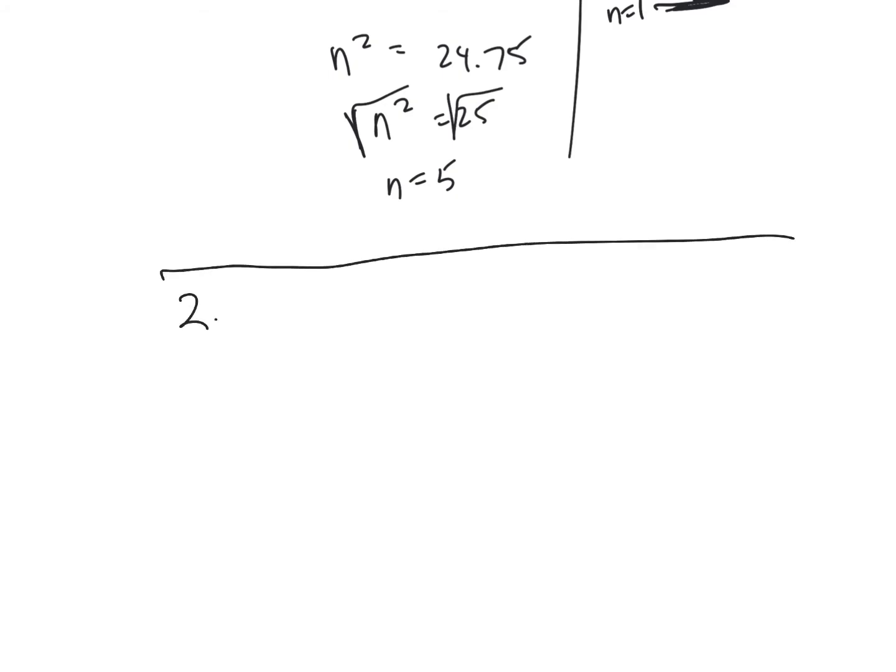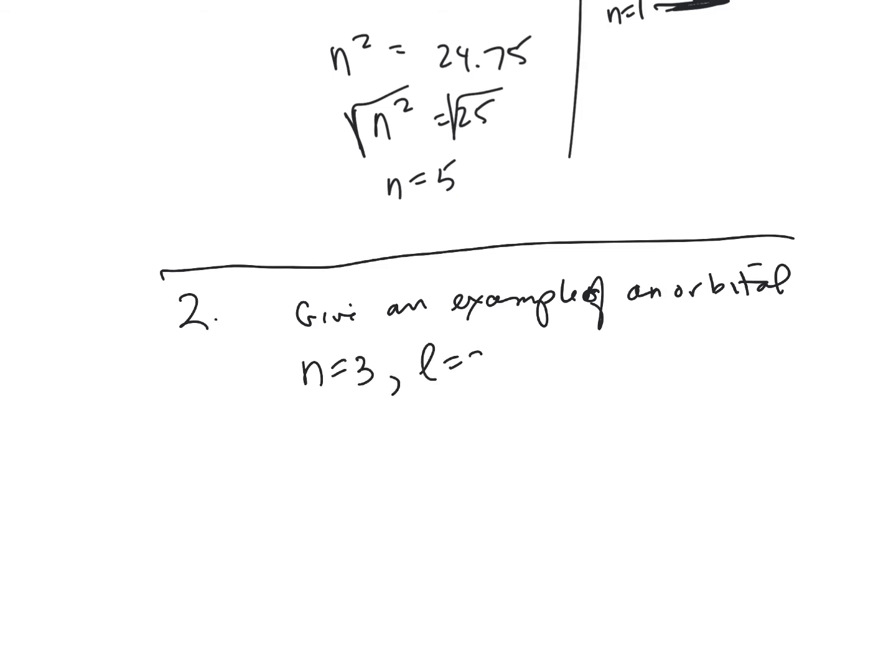about the quantum numbers. Give an example of an orbital represented by n equals 3, L equals 2, M subscript L is equal to 2, and M subscript S is equal to 1/2.